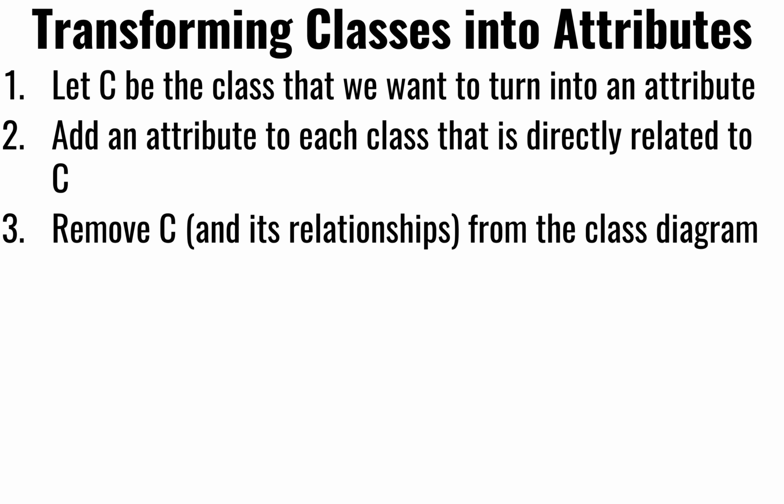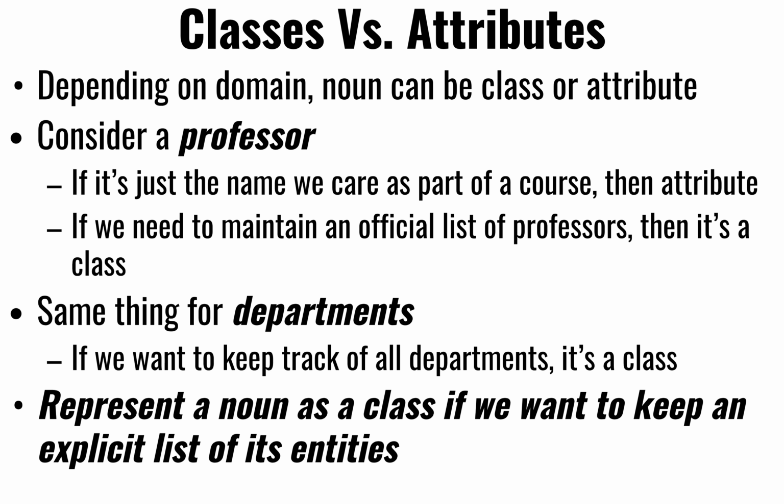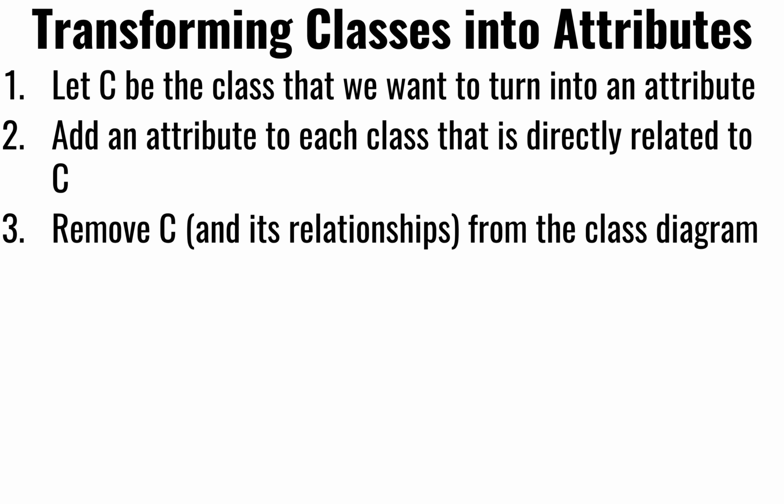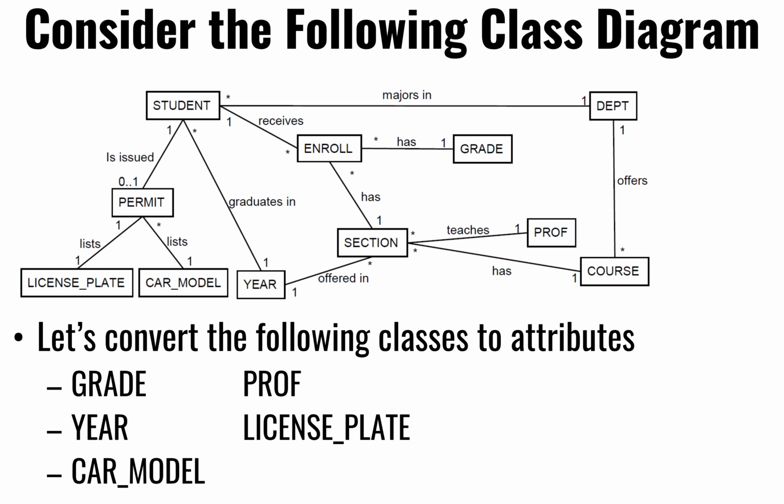Or some things that we decided were classes, we might decide that it's not worth keeping track of that. That it should be maybe just an attribute in a larger class. So, for instance, the class year, or the class grade, probably that's not even worth having a whole table or a whole class for it.